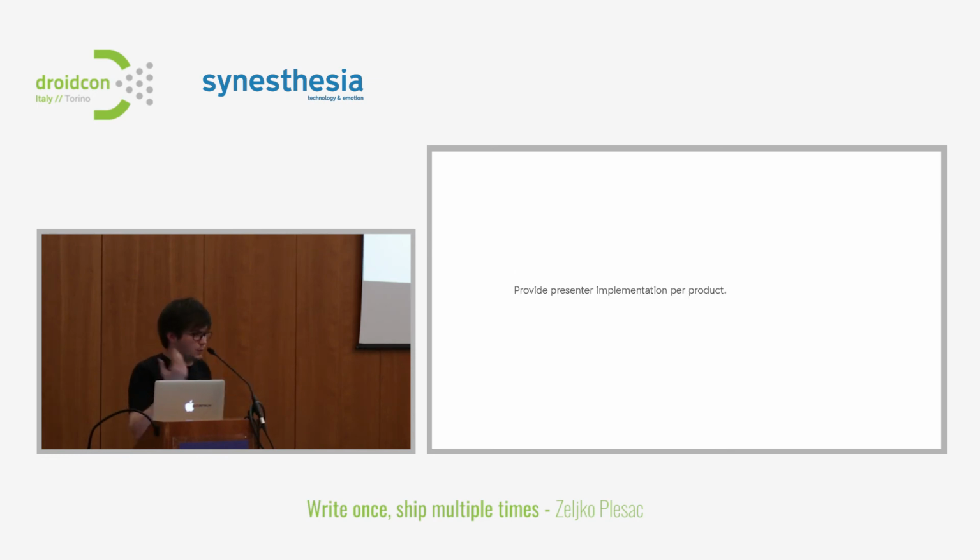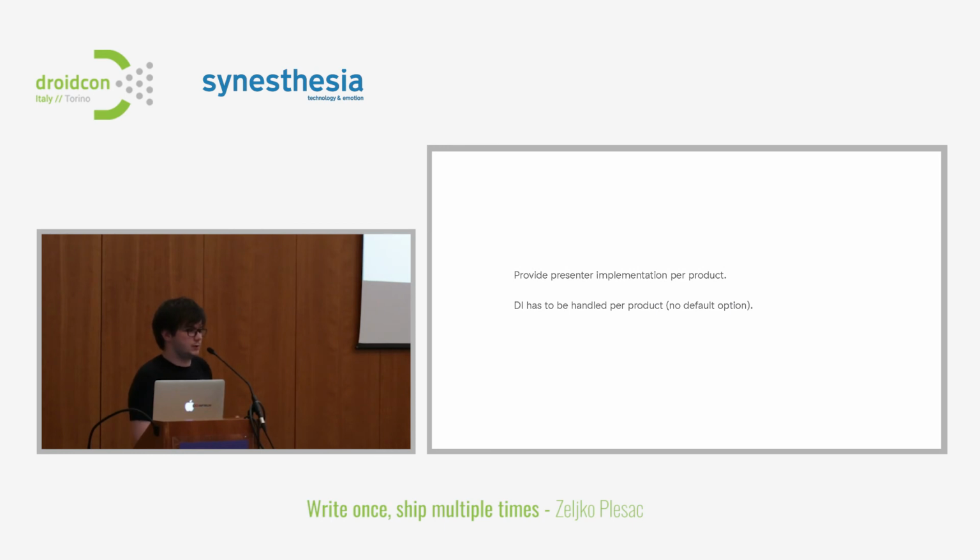OK, the more complicated example is that let's say that we have a system which has 10 applications, and we want to customize business logic for each of those apps. For that, we can use MVP architecture.